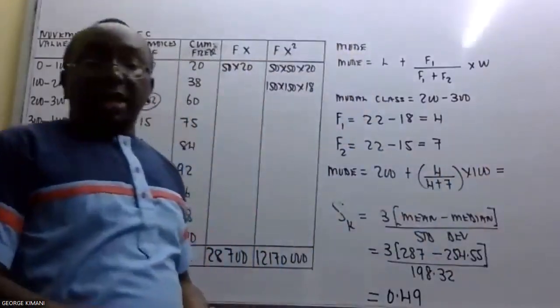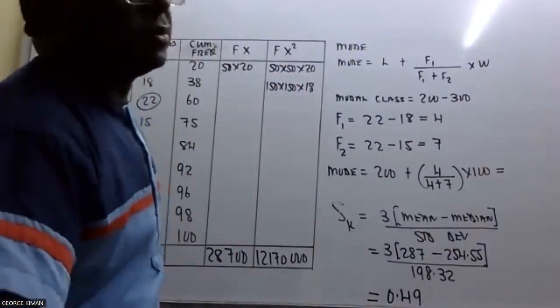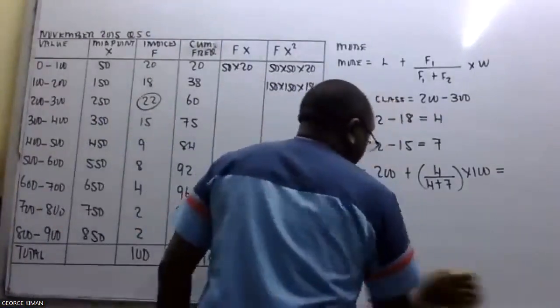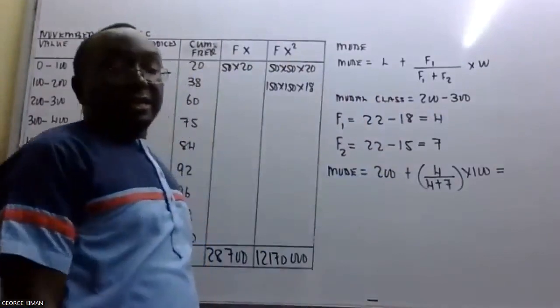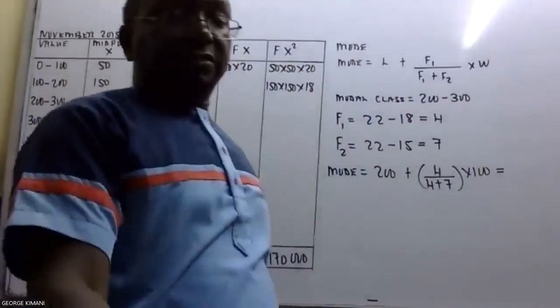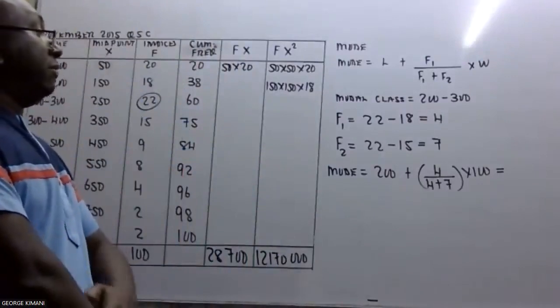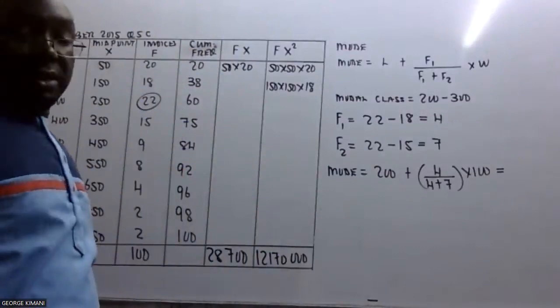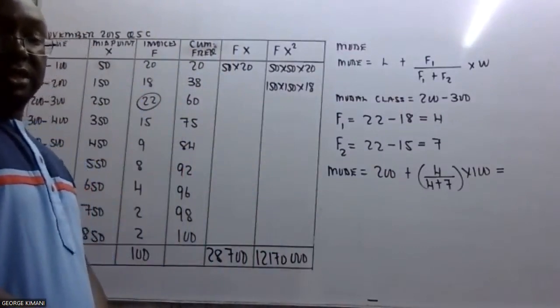But remember in the notes we had used initials B, B1, B2, and now we have used F here below. I think I've already said that the numerator is the modal frequency minus the one above it, and F2 is the modal frequency minus the one that is below it. So give me the mode.